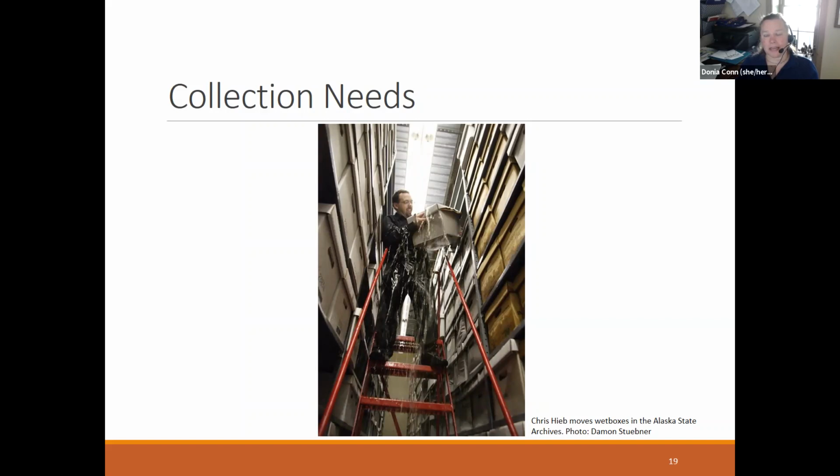We want to be thinking about the value of the material. And we're not just thinking monetary value here. We're thinking research value as well as cultural value. So again, a lot of the collections that we hold are culturally significant for different communities across your own city and across the state.